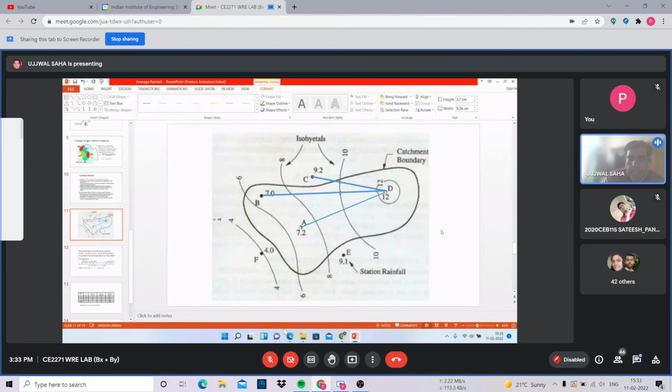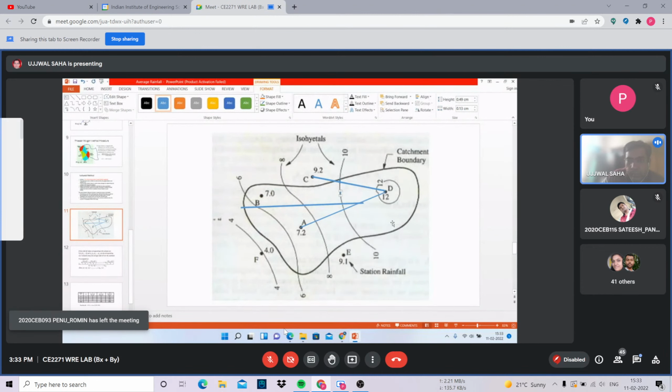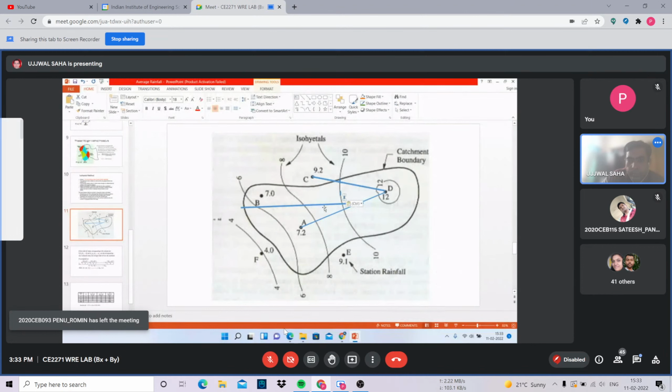You cannot see it anyway. So I draw, this way I can do. Okay, so here I got a 10.